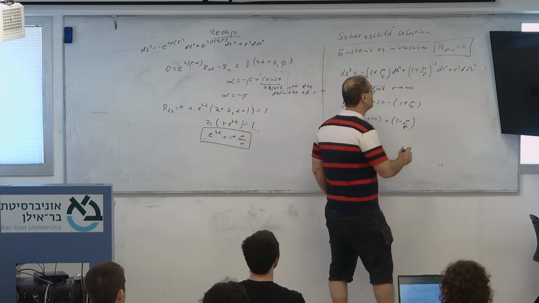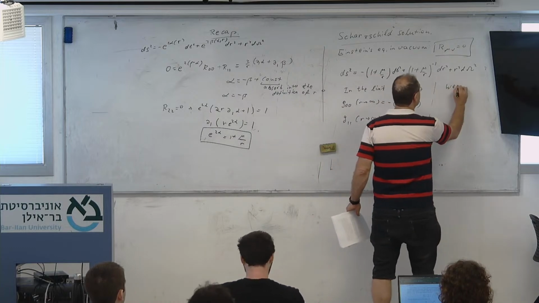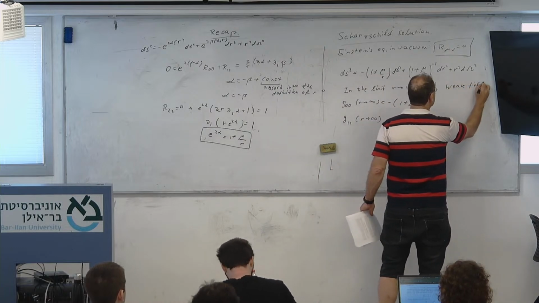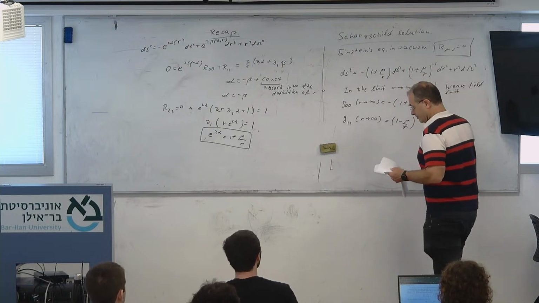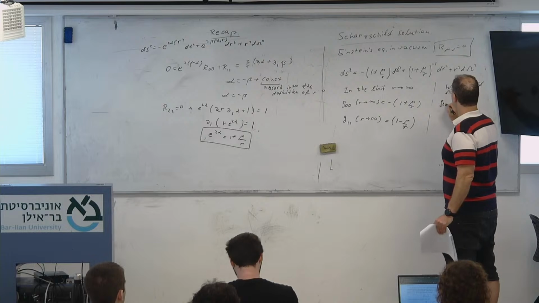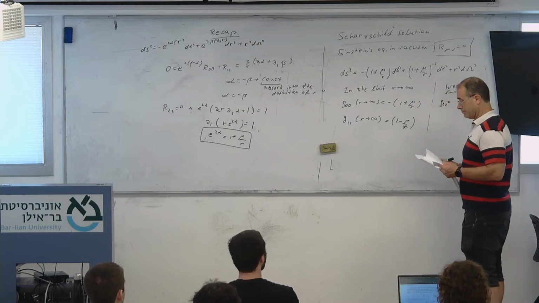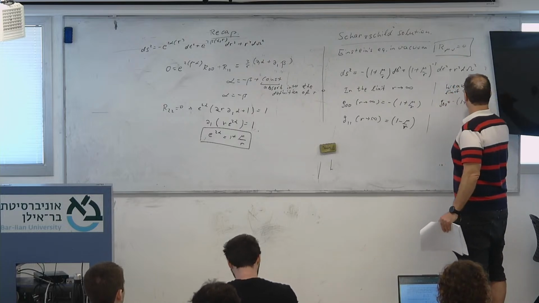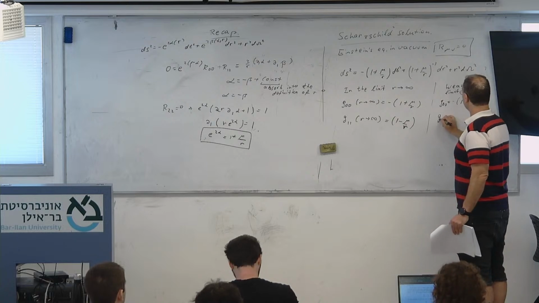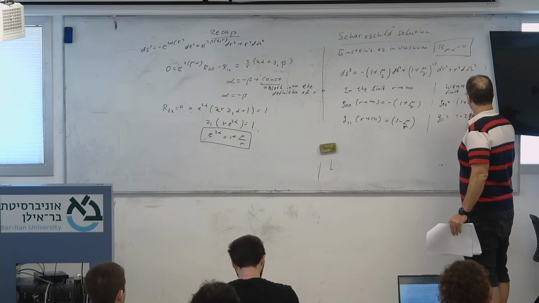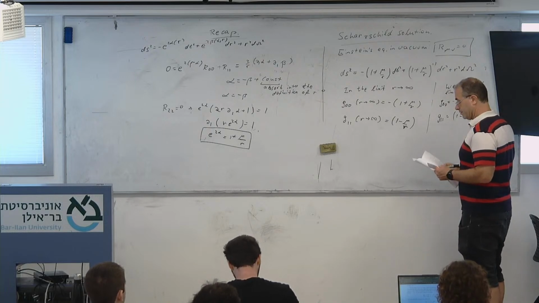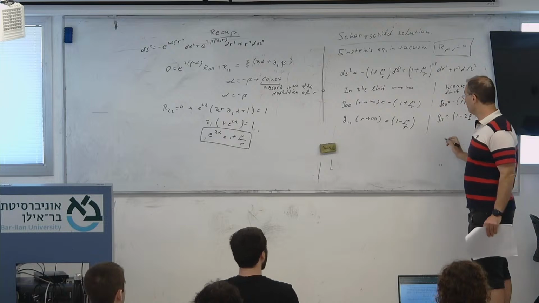But we also know the weak field limit we've already derived. We had g00 was a what? Remember? Minus 1 plus 2 phi. And g11 was 1 minus 2 phi. Right? What is phi? The gravitational potential.